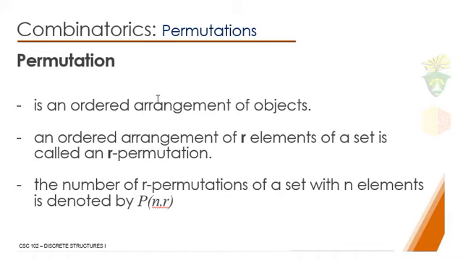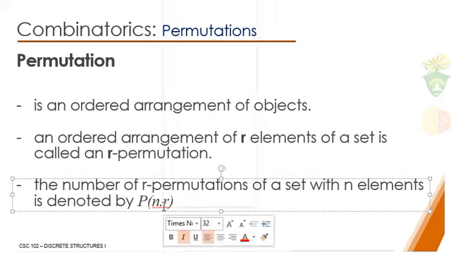So we talk about arrangement when we have to compute the number of possible ways or possible arrangements. The number of r-permutations of a set with n elements is denoted by P of n, r, which we read as n permutes r.